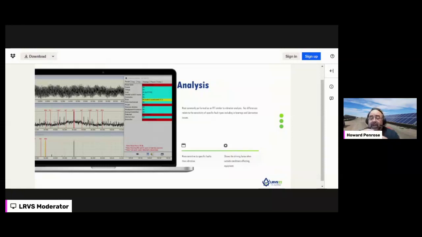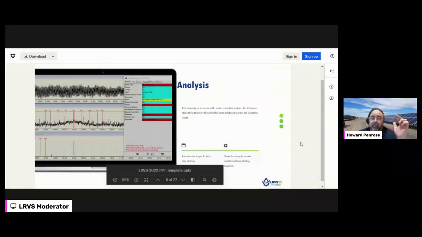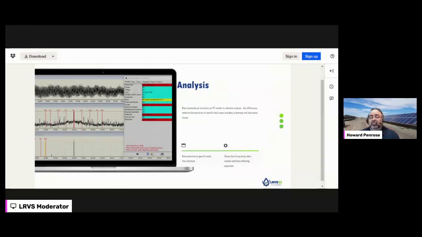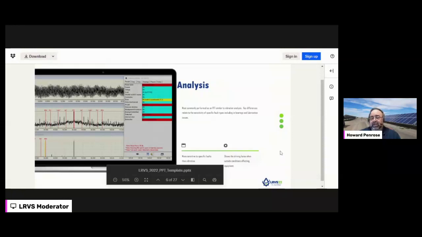The decibel analysis basically gives you a relative load in relation to your peak voltage or current. So as we go through that, that allows us to become more sensitive, not just to the existing defects, but to the relationship between all of the different components in the system.